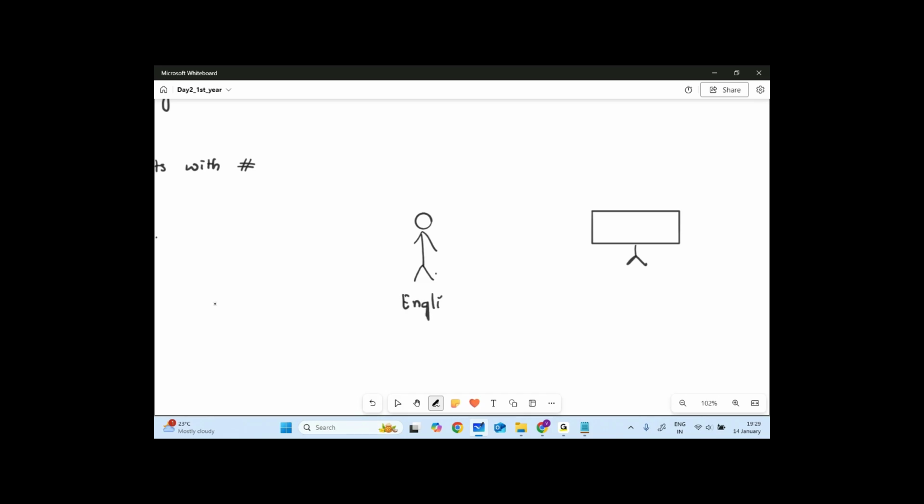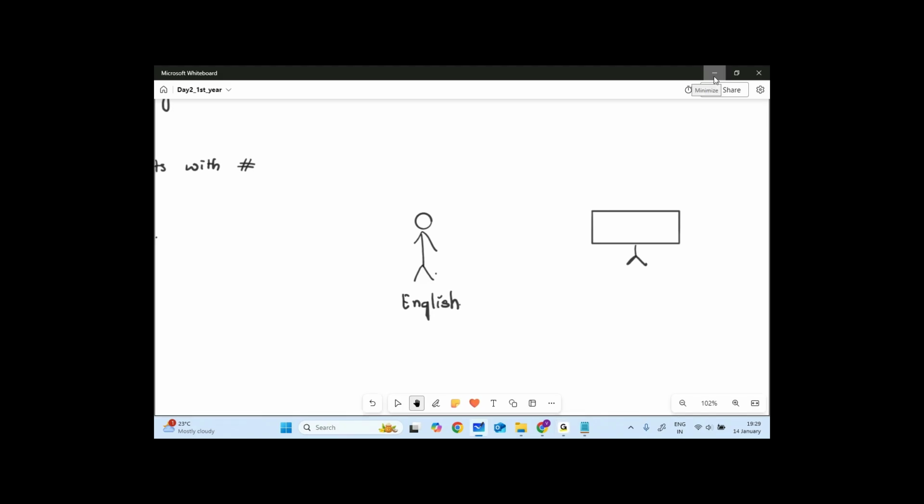But do you think machines can understand English or Kannada or Hindi, anything humans speak? Definitely no.